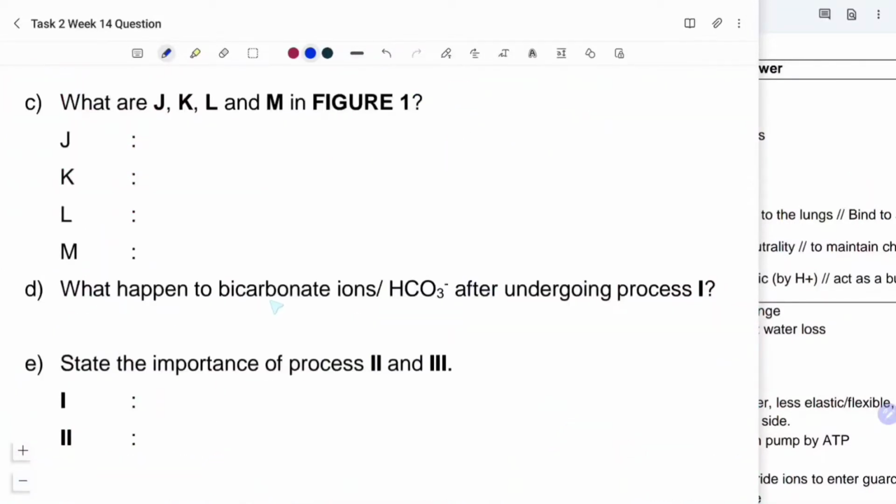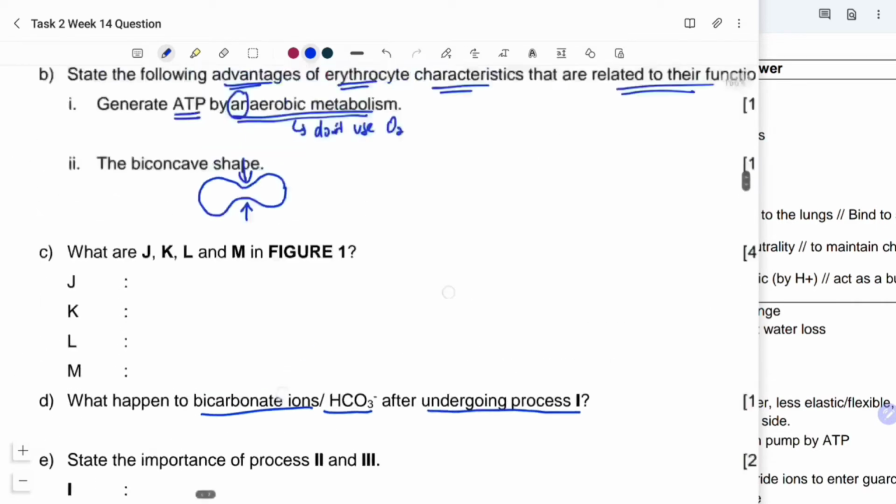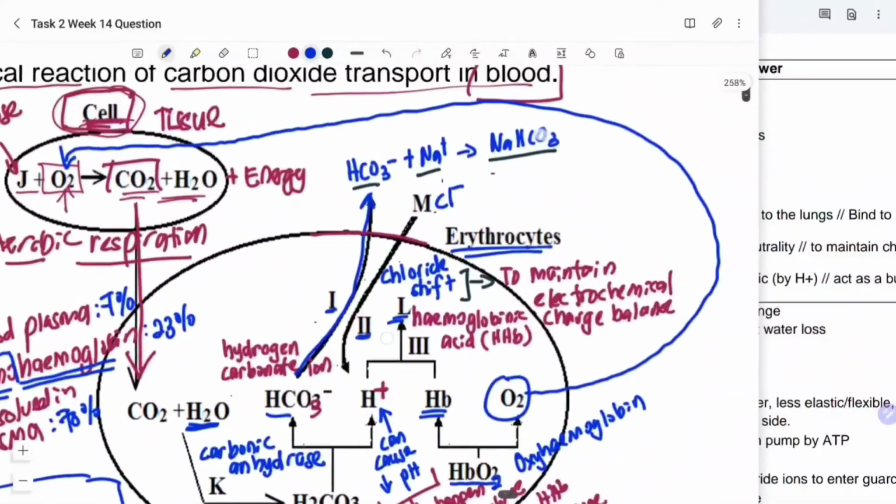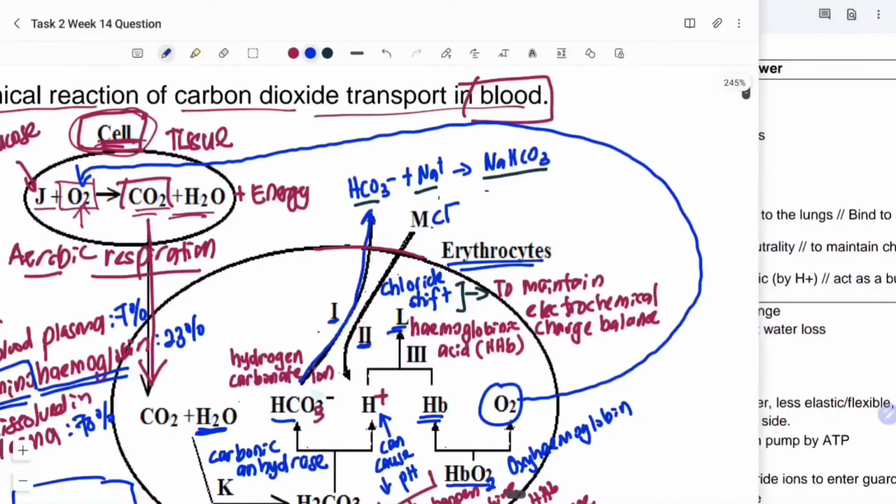Next question, what happened to the bicarbonate ion ataupun hydrogen carbonate ion ataupun simbol dia adalah HCO3- after undergoing process 1? So tadi proses 1 merujuk kepada the transport of hydrogen carbonate ion from the red blood cell out of the red blood cell into the blood plasma. So itu proses 1.